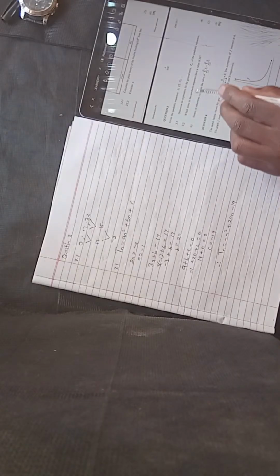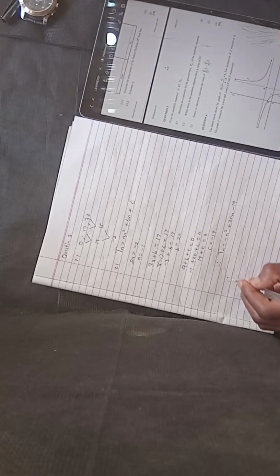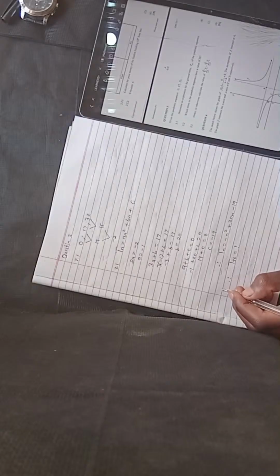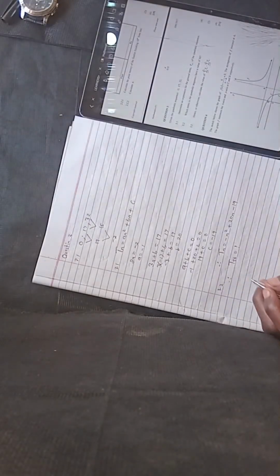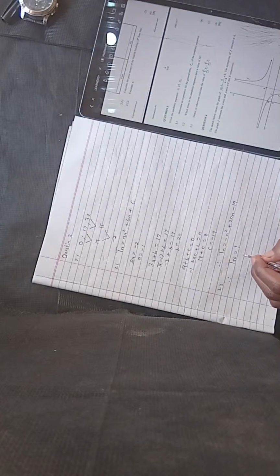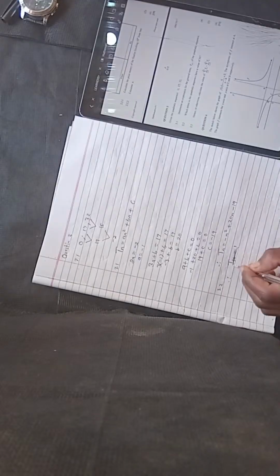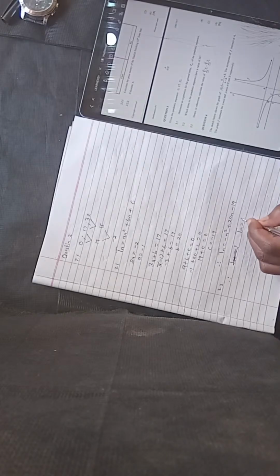Okay, which terms in the sequence have a value of 56? This is 3.2. We are going to say, no, Tn is equal to 56, right? Not T56, right? 56 is equal to minus n squared plus 20n minus 19.